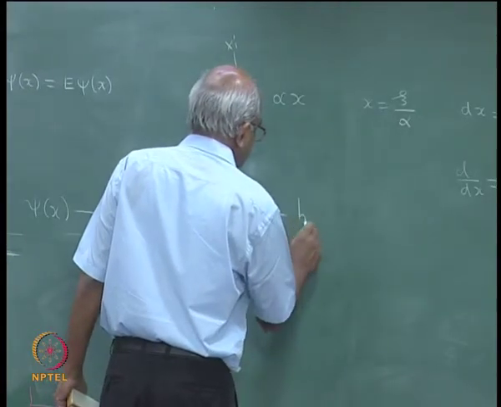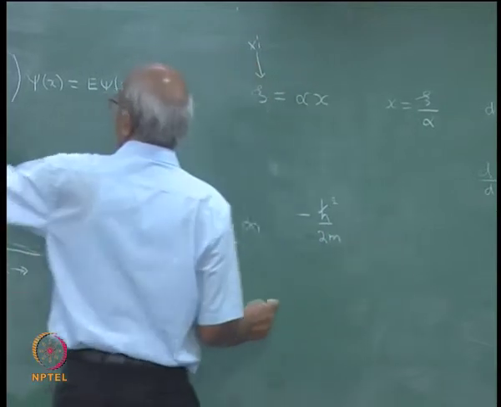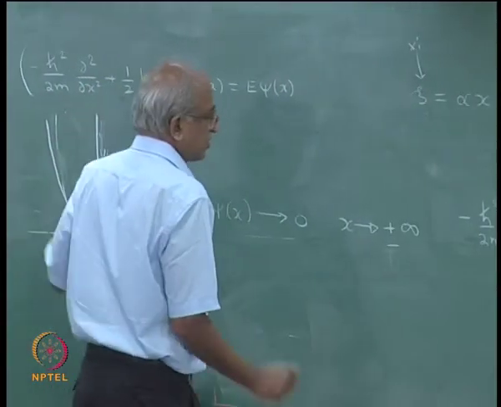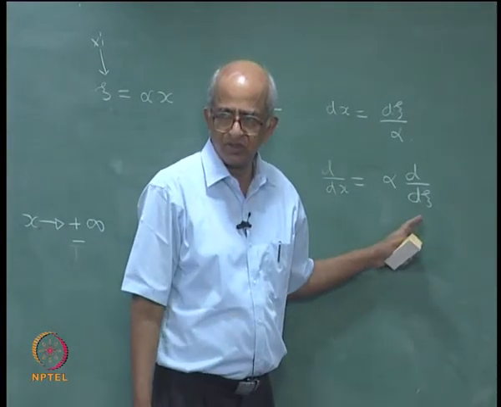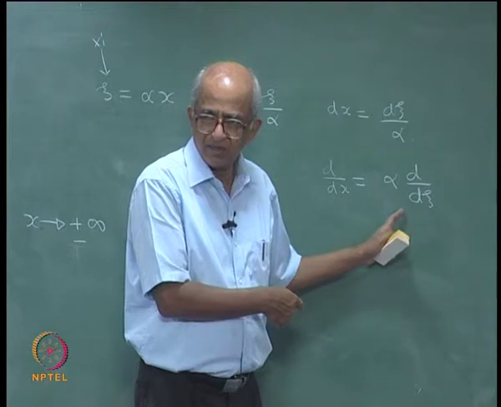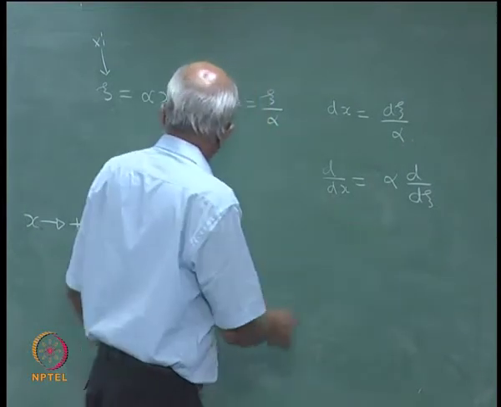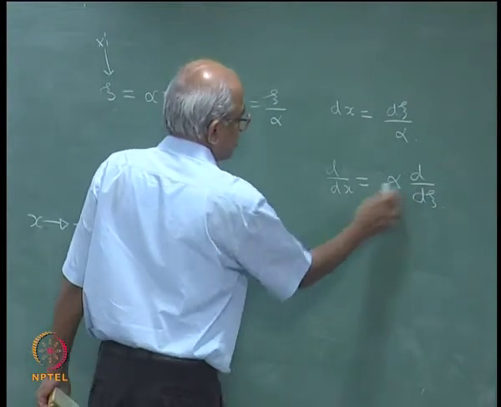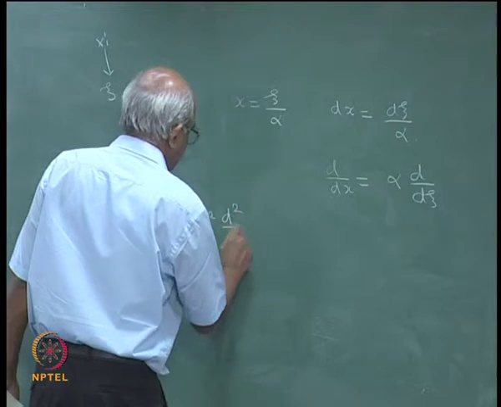My minus h cross square upon 2m, I have second derivative with respect to x. Here this is actually the first derivative, but it is very easy to calculate the second derivative from here, because alpha is just a constant. So, therefore, what will happen is that d square upon dx square will be nothing but alpha square d square upon dc square.